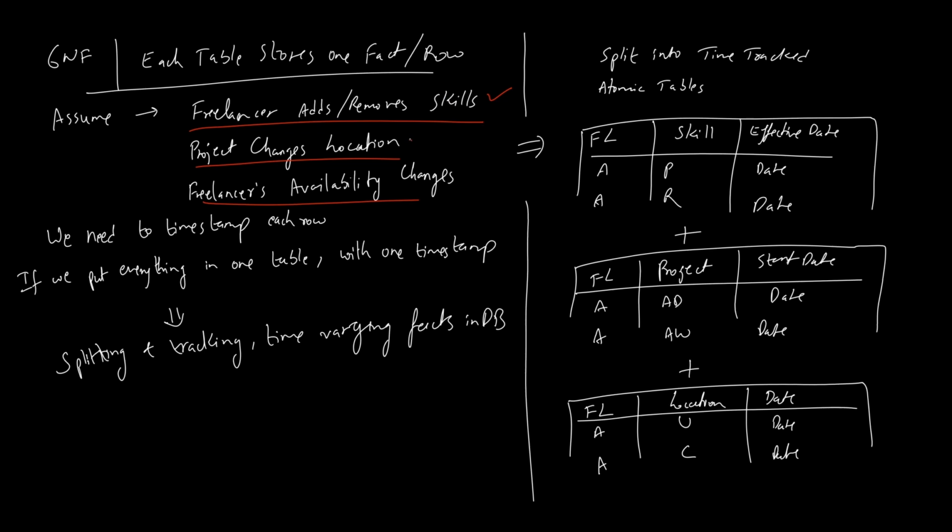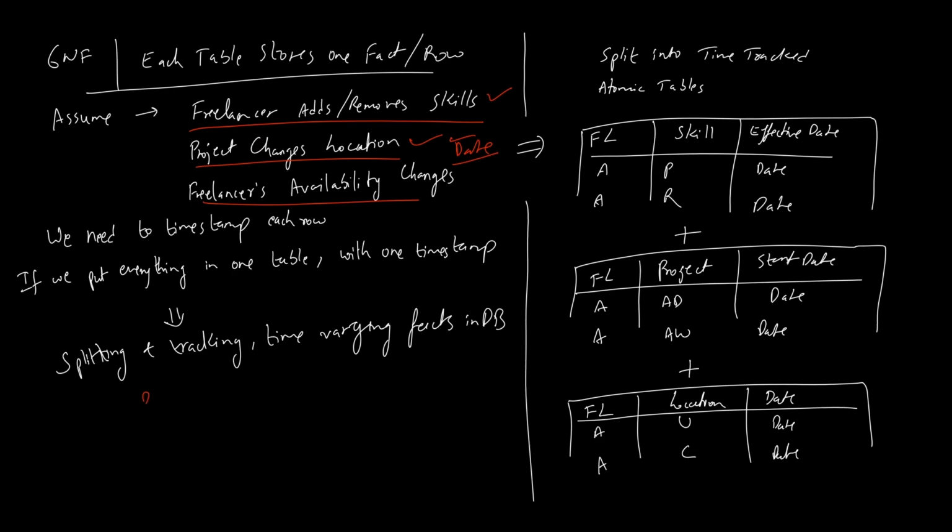If the project location changes, let's say right now we are doing it in India, and the client is moving on to some other place, USA, Canada, or something like that, there will obviously be a change date, right? It will not be like the project just shifted and the same row got updated.